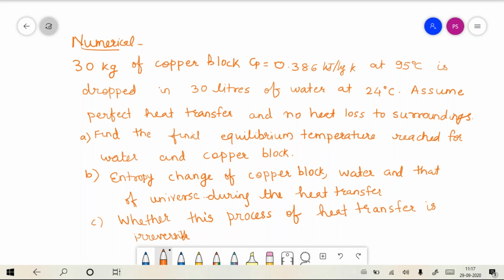Whether the screen is visible? Yes, it is. Okay. You see the numerical there displayed? Yeah, the numerical is visible.